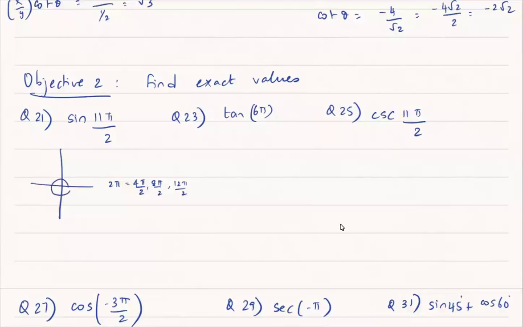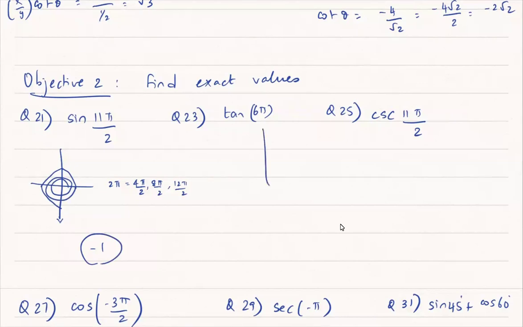So you go 4 pi over 2, 8 pi over 2, 9 pi over 2, 10 pi over 2, 11 pi over 2. That is your angle. So this angle has the same value as sine of 3 pi over 2, and that is negative 1, the y value of that point.